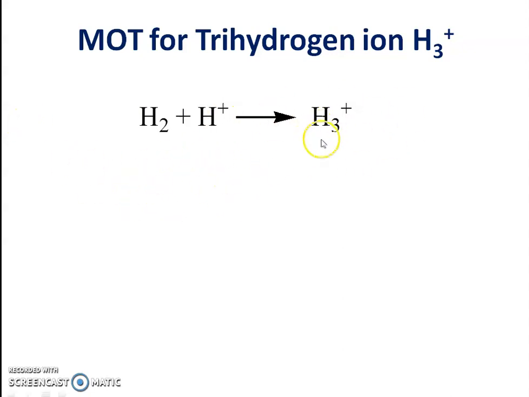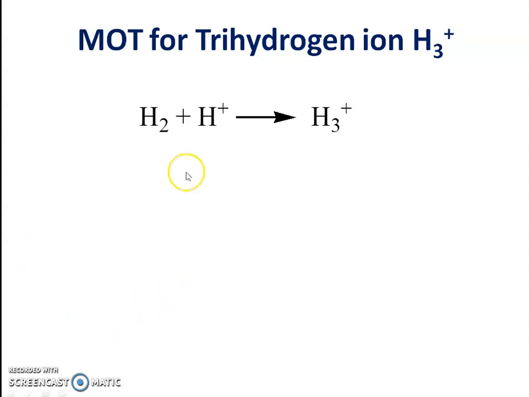the structure of this trihydrogen ion has been experimentally determined, and it is found to be an equilateral triangle with a hydrogen bond distance of 0.1 nanometer.